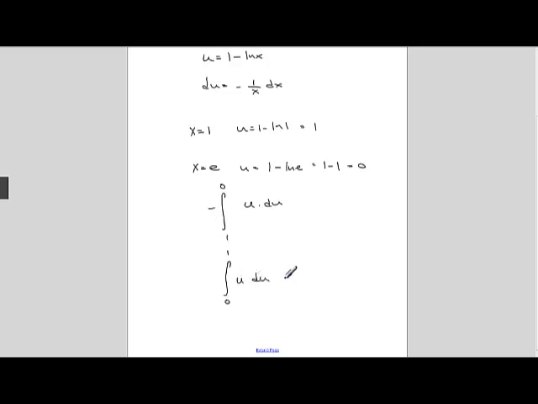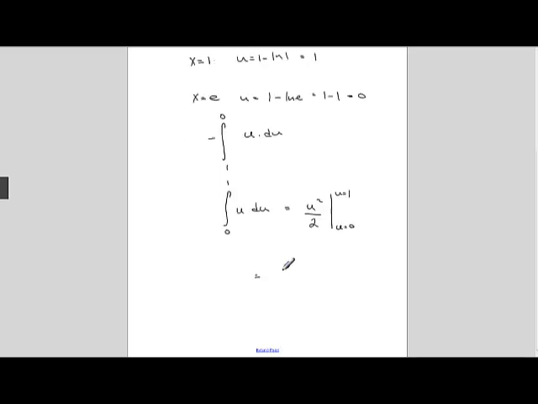And that's equal to u squared over 2 evaluated between u equals 0 and u equals 1. So we will get 1 squared over 2 minus 0 squared over 2, which will be 1/2.